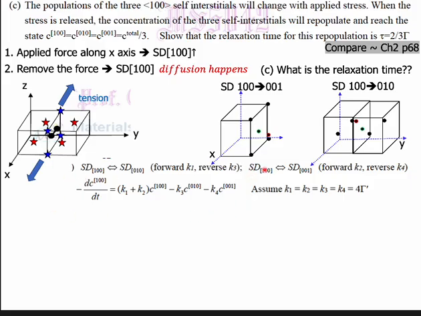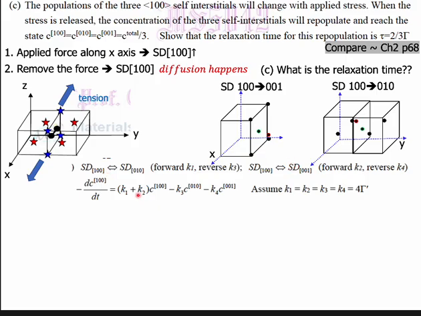Next, I want to formulate because they asked me about the relaxation time. Relaxation time means the time when the concentration decreases to e to the power of -1 of the original concentration. Because it's talking about the concentration change rate, I need to formulate this. The concentration change rate of the 100 split dumbbell can be written as minus K1 times this concentration, minus K2 times this concentration.